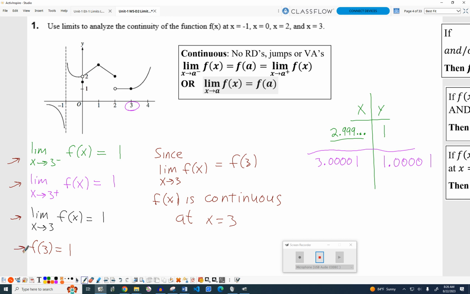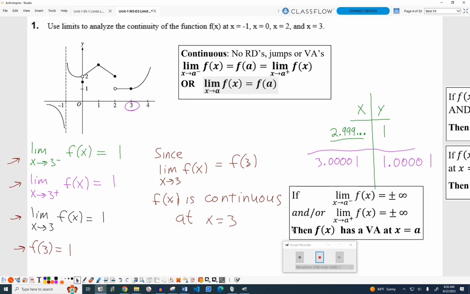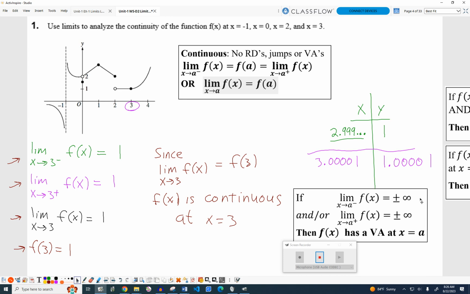Here's the first thing my brain is checking, this flashcard. I'm looking to see if I have left and right limits that are infinite. And if I have a left or right limit that's infinite, then I know I have a vertical asymptote. And that's the first type of discontinuity that I'm checking to see if I have.